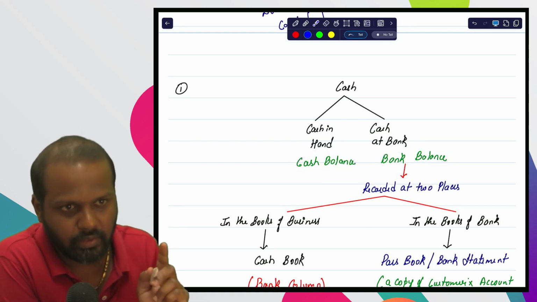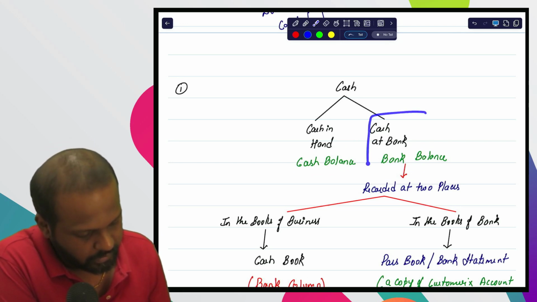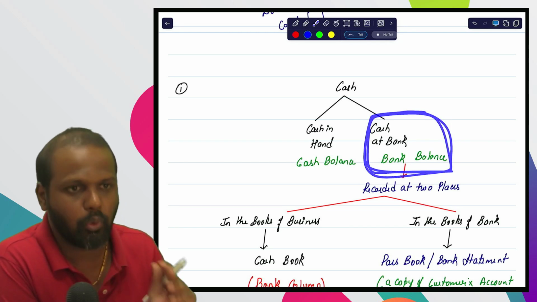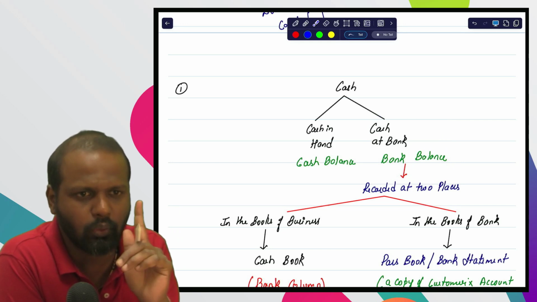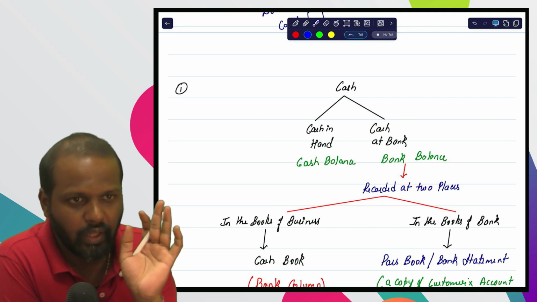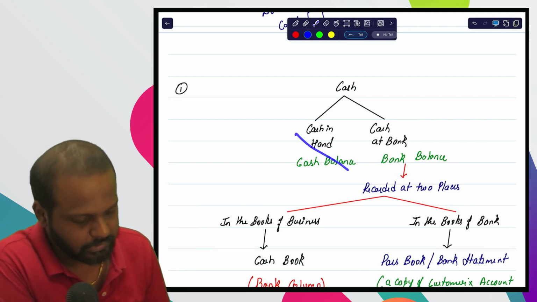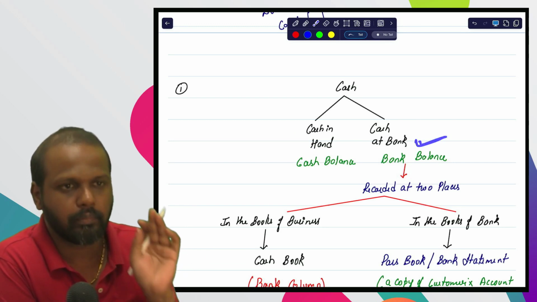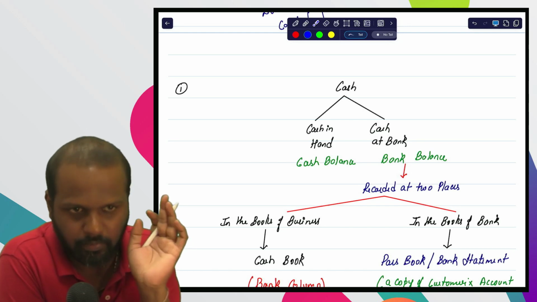Now most important thing, listen. Whenever we discuss this chapter, we are discussing only and only about bank balance. We are not going to discuss anything about cash balance. The entire chapter is only with respect to bank balance, that is cash at bank.